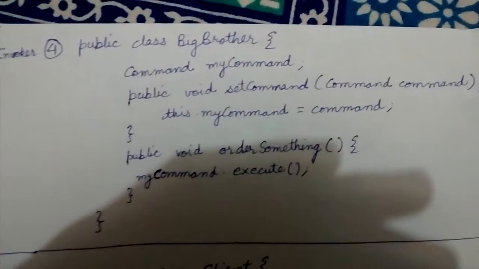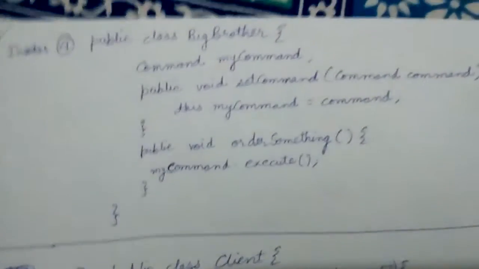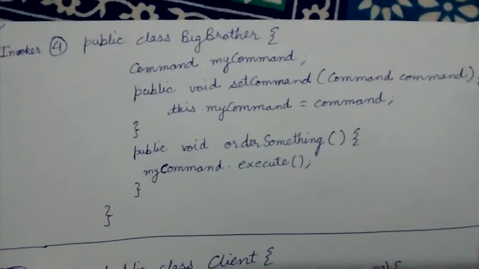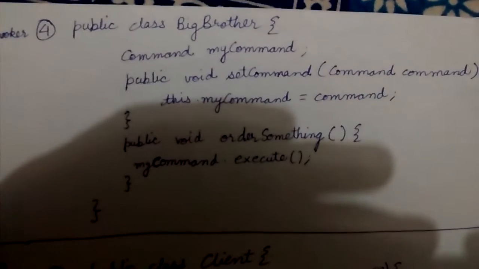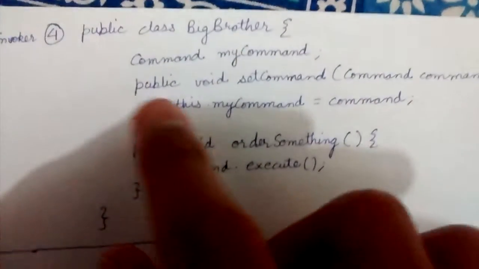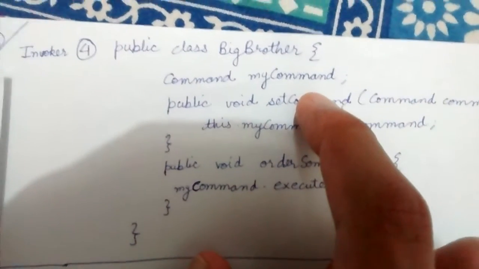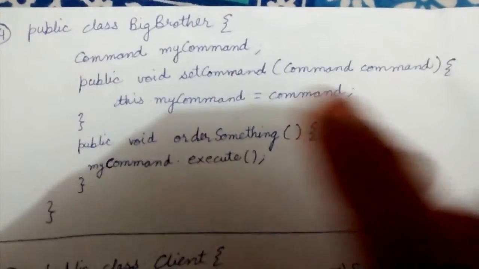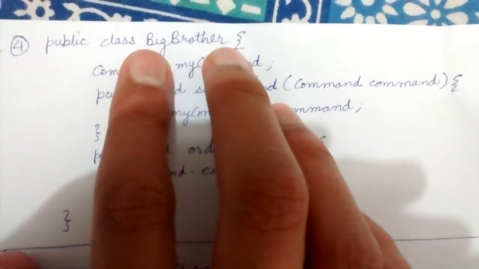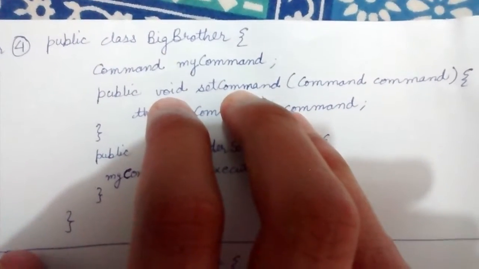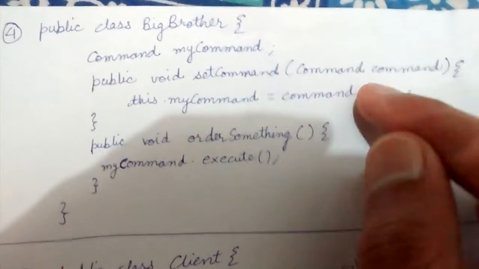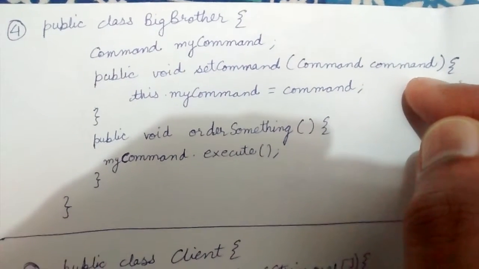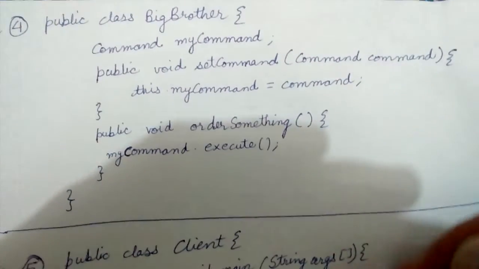Here the invoker is big brother. The invoker is the class which actually gives the command. It has a command reference, command my command, and we can set a command. Whatever command we want big brother to give, we can set it. So this is pluggable, and we can change the command during the runtime of our program.